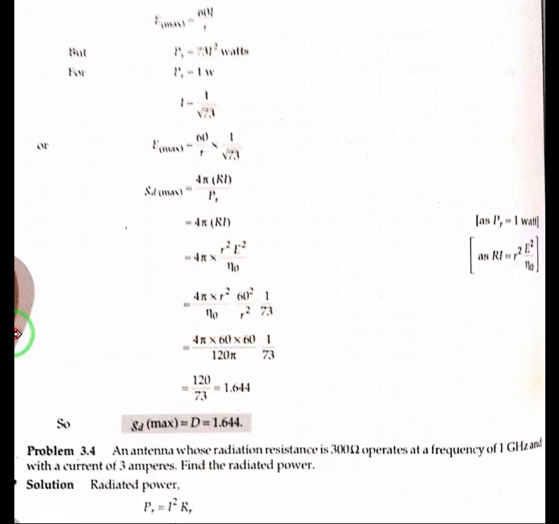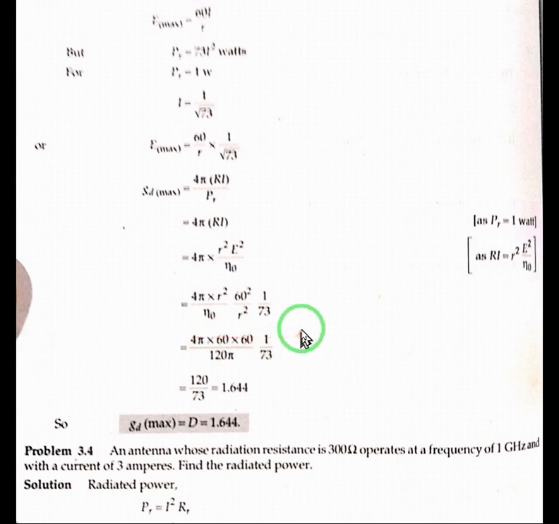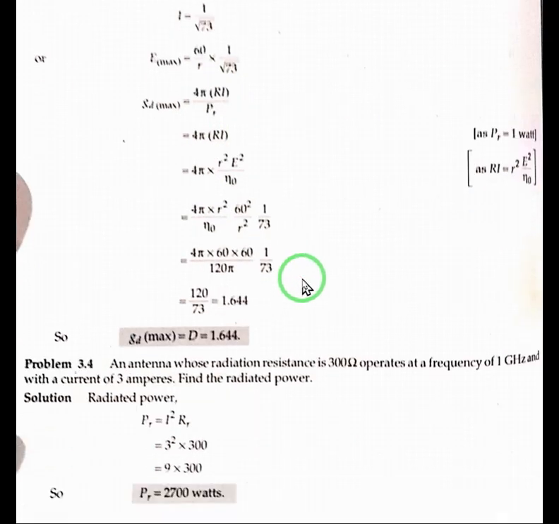If we simplify it by putting the value of E maximum, that is 60 over R multiplied by 1 over root 73, we have 4 pi R squared over eta naught multiplied by E squared.